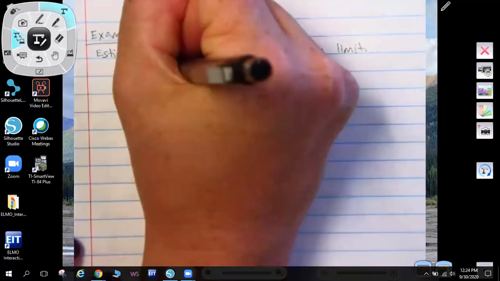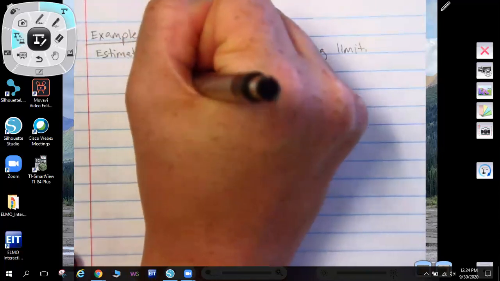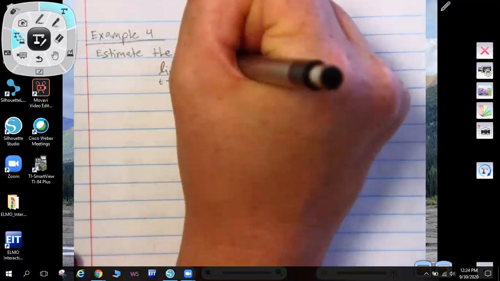And our limit this time is the limit as t approaches 0 of cosine of pi over t.